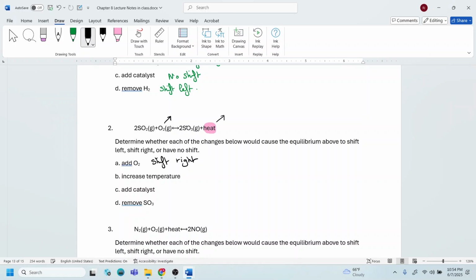So increasing the temperature, you're going to raise your right hand. Now it's going to shift to the left. Add a catalyst, there will be no change or no shift. And removing the SO3. If you decrease the concentration of the SO3, lower your right hand and your direction of equilibrium is going to shift to the right.